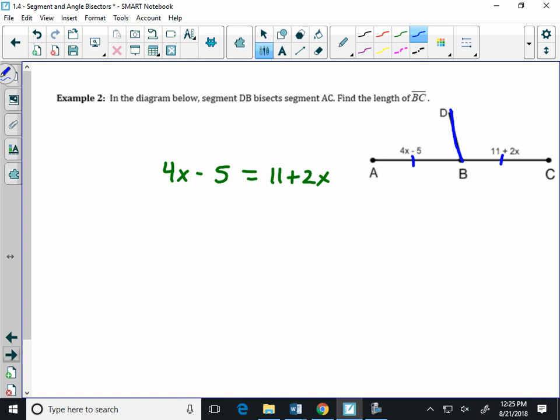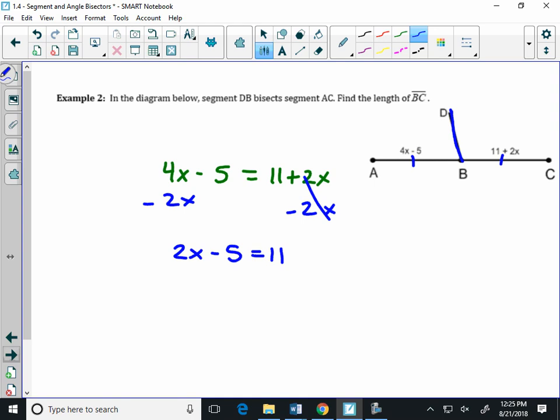Okay. Good. Subtract 2x. Move that over to the other side. We get 2x minus 5 equals 11. Now we're back to our basic little equation, 2 steps. What's our next step?